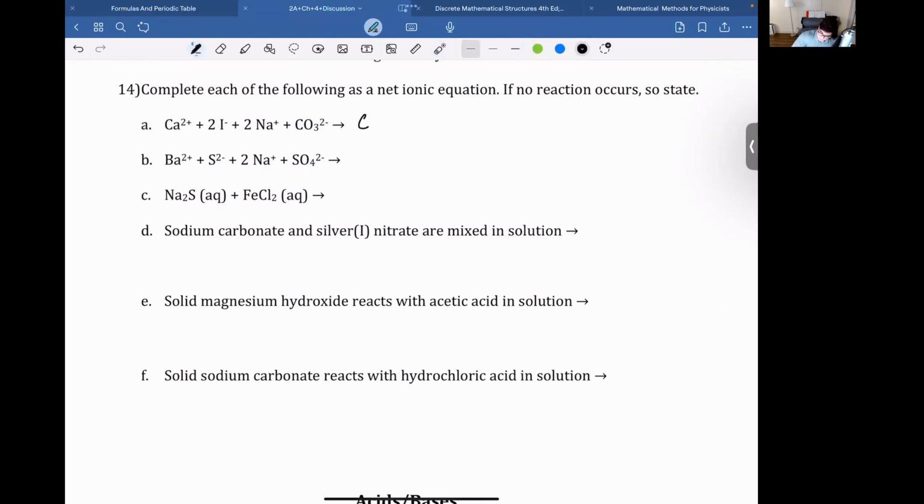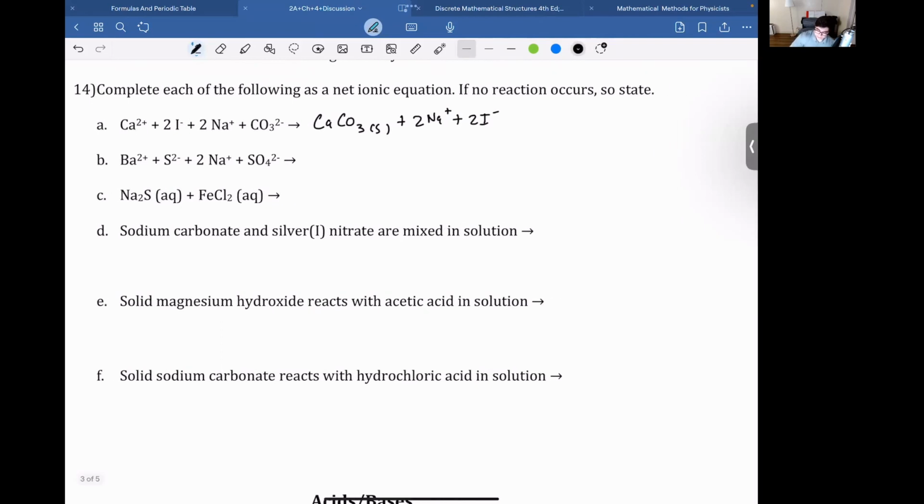So calcium carbonate is a solid. Then the Na and the iodine pair up, right? And if you want to write this as a net ionic equation, you can just cancel out the things on both sides, like what we saw with the equations from before.